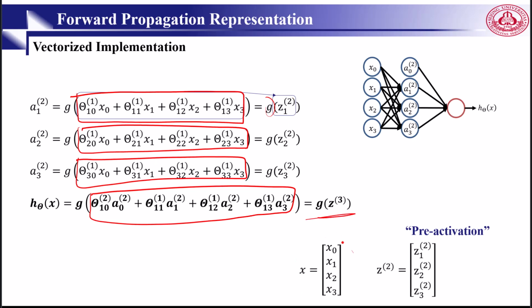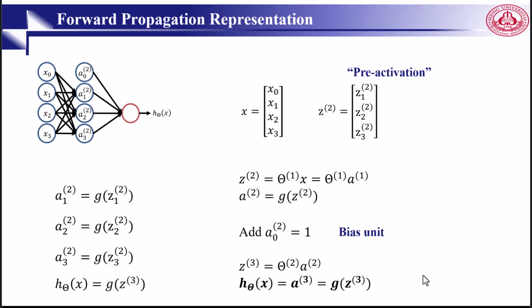So x is the values x0, x1, x2, and x3, and z2 is z12, z22, and z32. So from the previous slide, we found the pre-activation vector, and we applied sigmoid to the value in each node. We consider also bias. So let's do it here. We find that a12 is g of z12 in here, right? In here, we already found these things.